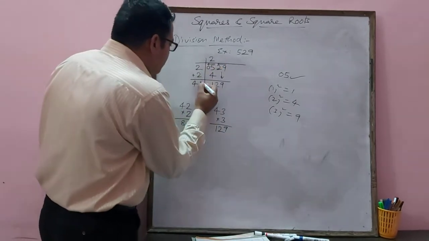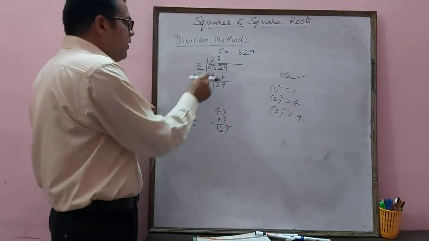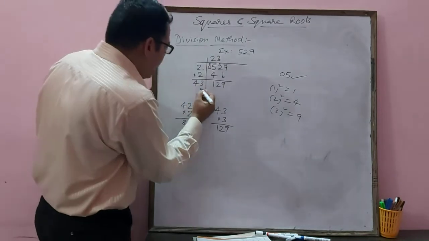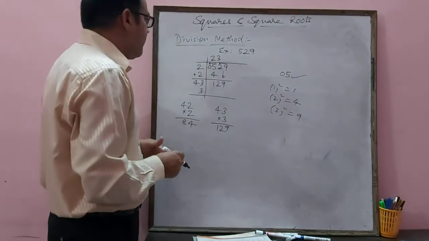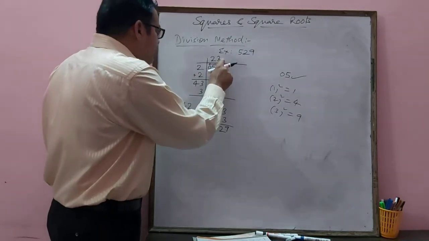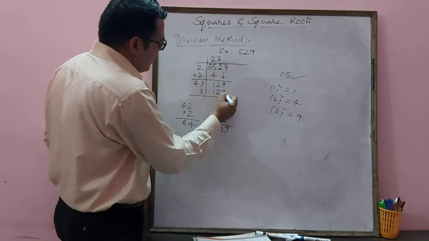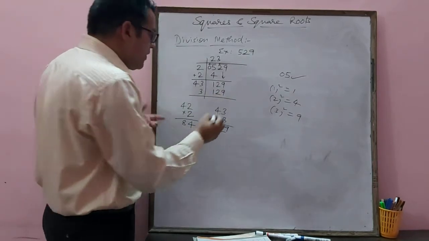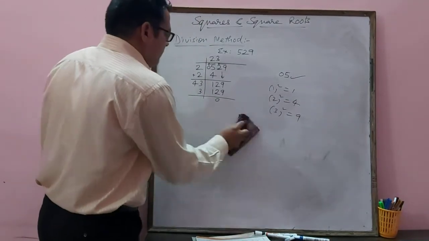It means 43 and 3, since we are multiplying by 3, that's why we need to write here 3 and 3. And this 3 also we have to write it for the further proceeding. Now if we multiply this 3 with 43, we already calculated here, we have 129. So what is remainder? It is 0. It means our process ends here.